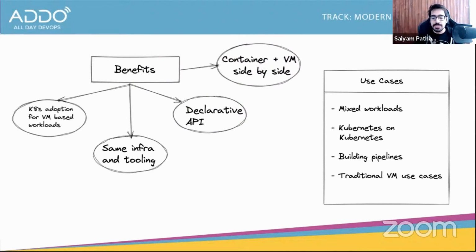Now, declarative API means whenever I write a pod, deployment or a service, I write a manifest, so a YAML file. That YAML file has a certain set of fields. It has a spec section where I define its capabilities. Similarly, when I install the Kubevirt custom resource definitions, I can create a custom resource.